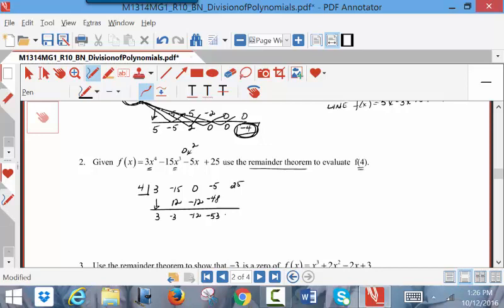This is a big, ugly number. 4 times negative 53. What in the world is that? 212? Okay, lovely. And then when I add, what do I get? A negative 187? Blah.